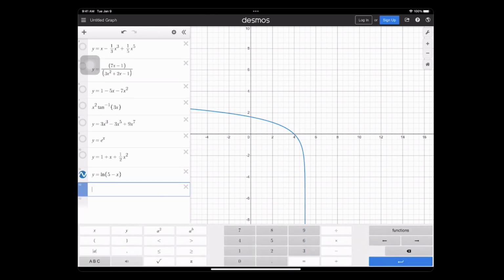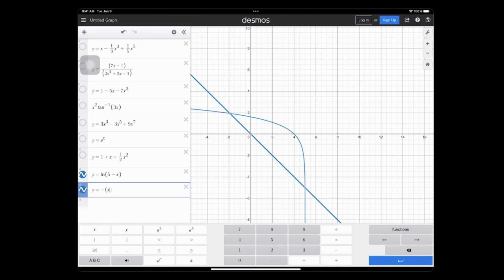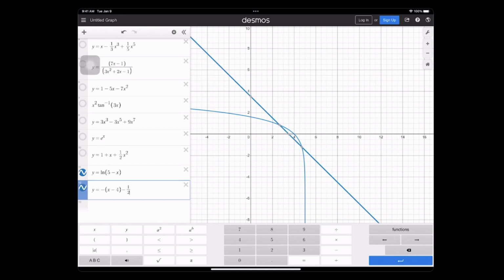Well, now let's look at these other things, right? Y equals negative, in parentheses, x minus 4. Come out, minus 1/2, right? And then you put what in parentheses again?